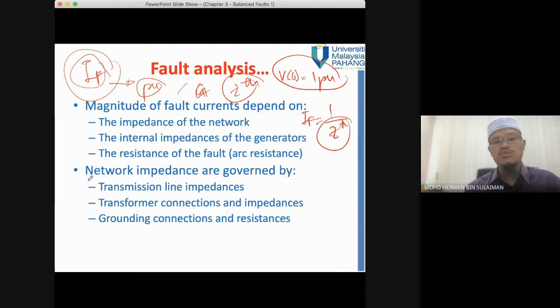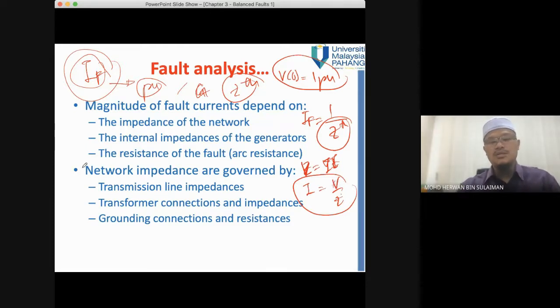So main problem ni nak cari Z. Ni just guna Ohm's law kan. Z equals to V over I, V equals to IZ, so I equals to V bagi dengan Z. Your Z Thevenin, this one is pre-fault voltage.